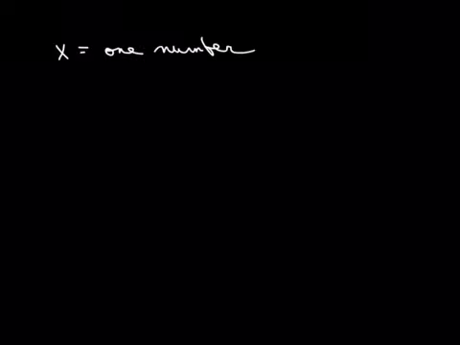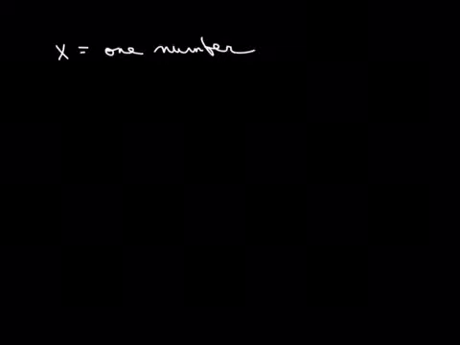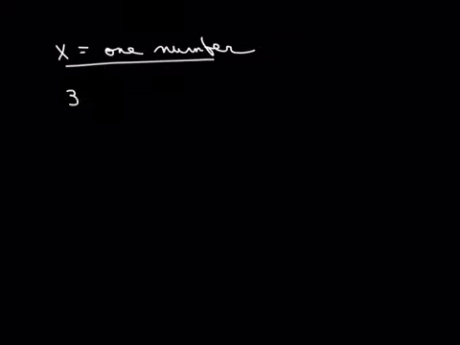How are we going to write that? The biggest problem with this is I don't like how they wrote this because it makes you think that you have 2 variables here and you really don't. So one number, we know nothing about it, so we'll call it x. So that's our one number, or our first number, is 3 more than twice another. Okay, 3 more than twice another.